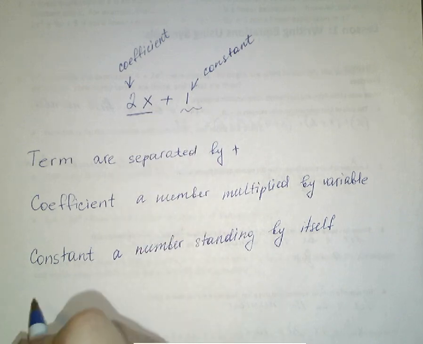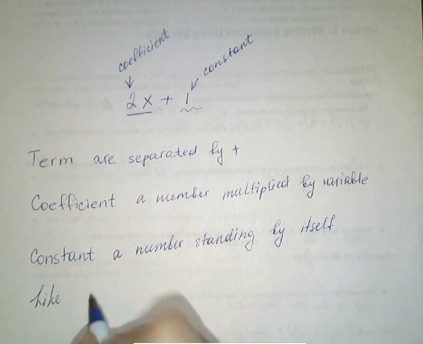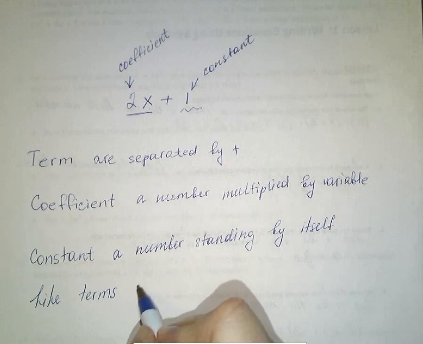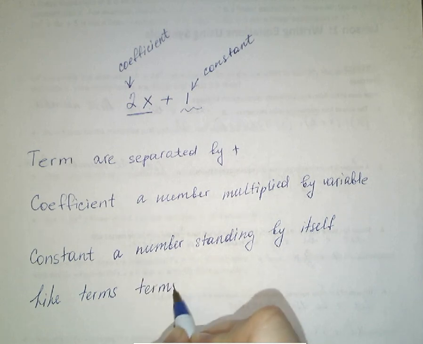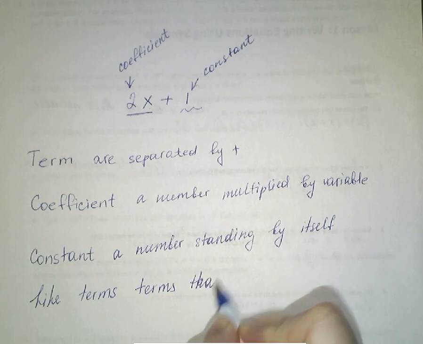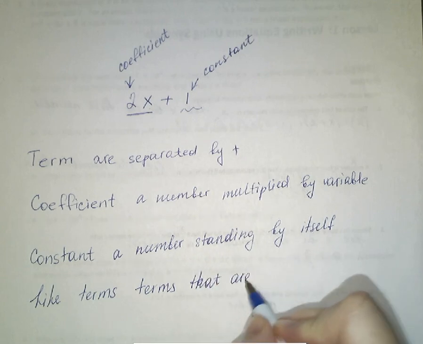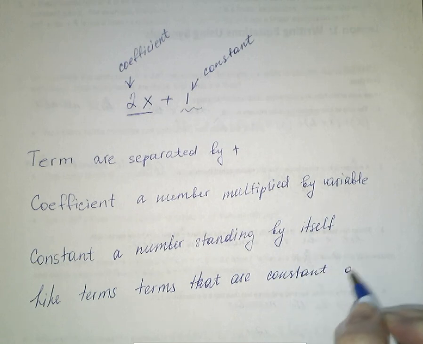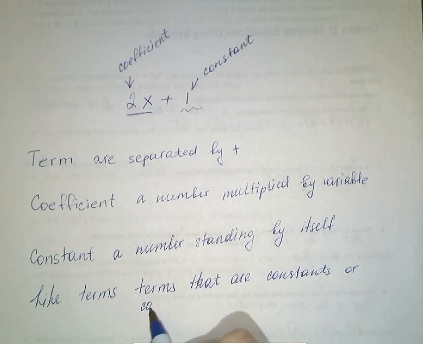Now there is also something called like terms. Like terms are terms that have the same variable, or terms that are constants, or coefficients with the same variable.